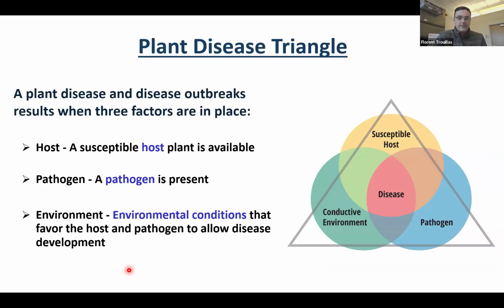It looks like for California almonds, we have a very susceptible cultivar to Polystigma, to red leaf blotch. It looks like the environment of California is also very conducive to the disease. And so now that we have the pathogen being introduced, again, we have all these three factors reunited here to allow the perfect condition for a disease outbreak.